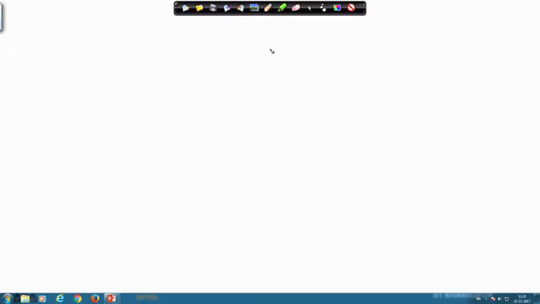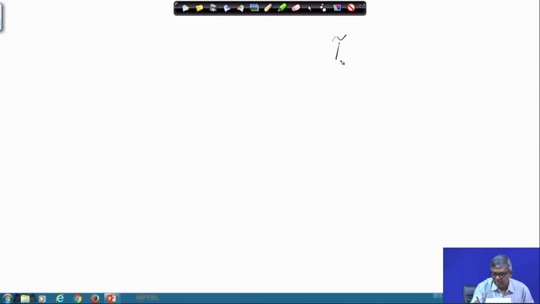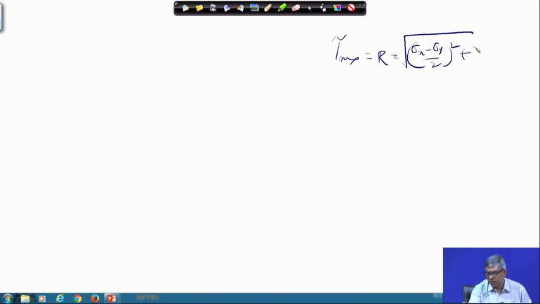For doing this, we know that tau max will be equal to the radius, which is the square root of ((sigma x minus sigma y) by 2) whole squared plus tau xy squared.